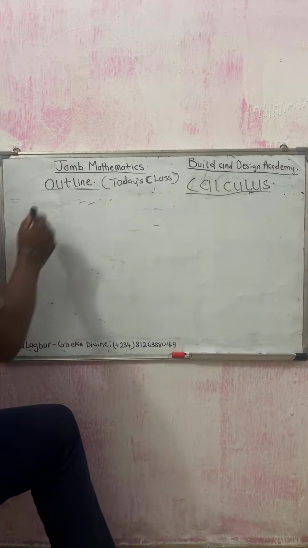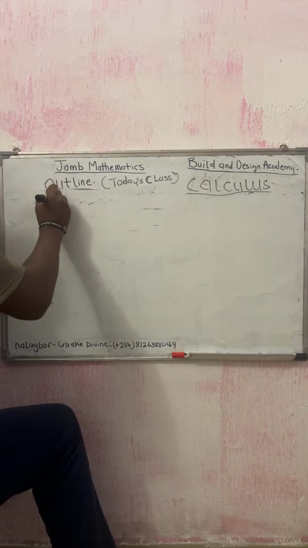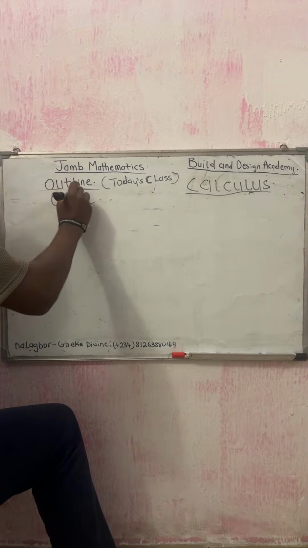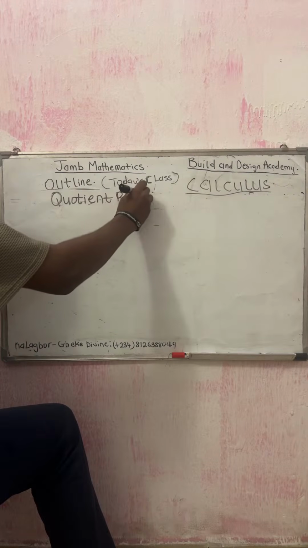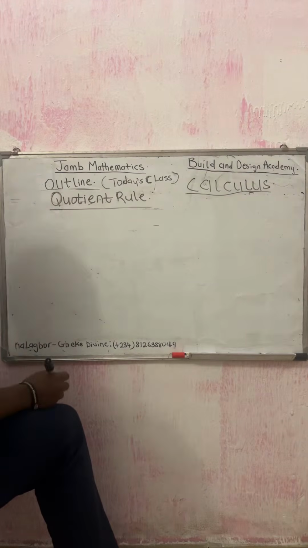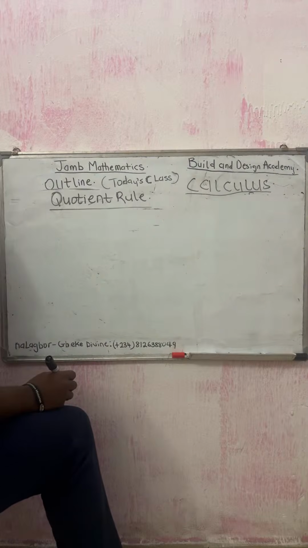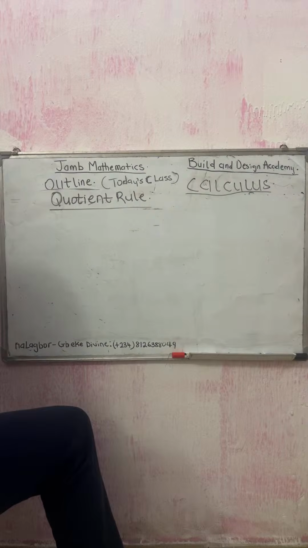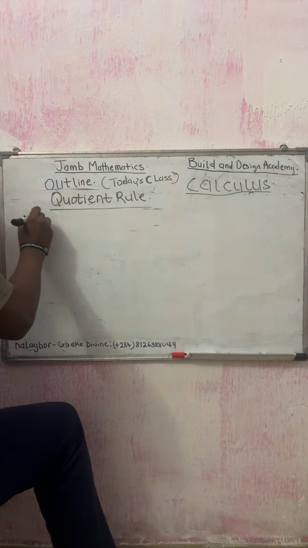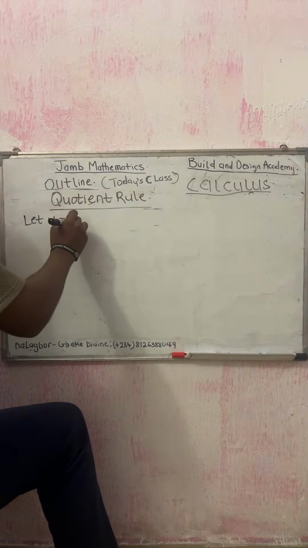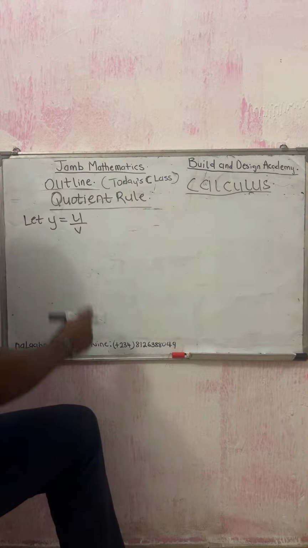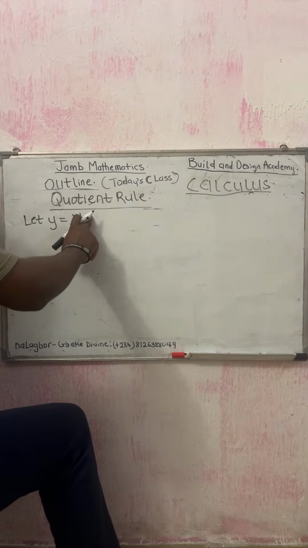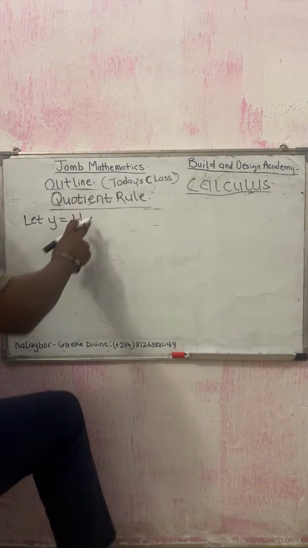So for the quotient rule, the formula is very simple. Let's say we have y equals u over v, which means the denominator will be v and the numerator will be u.